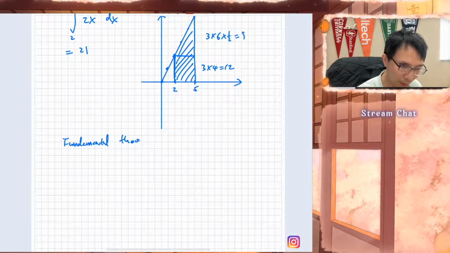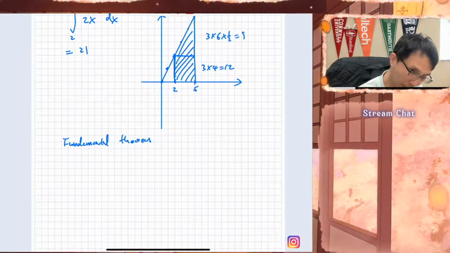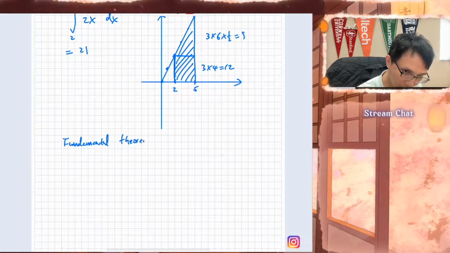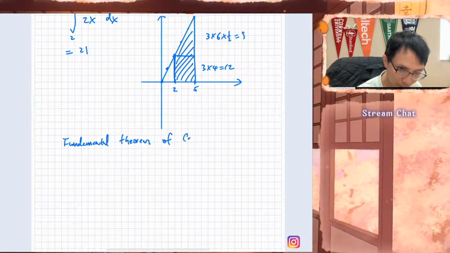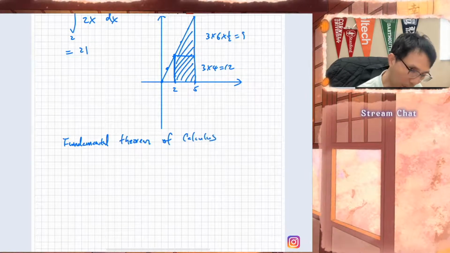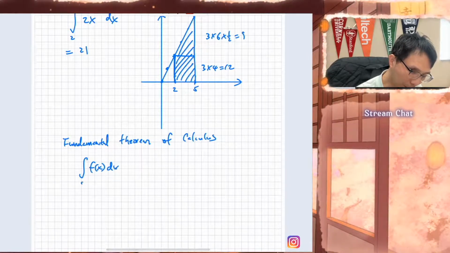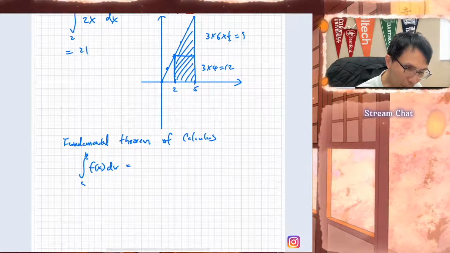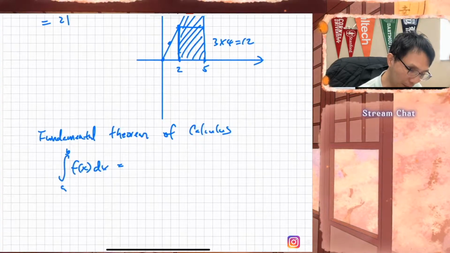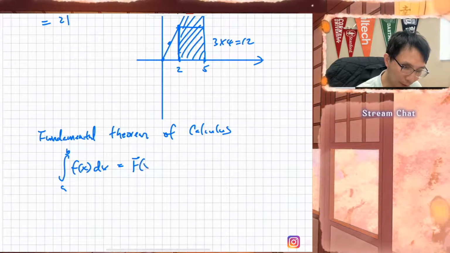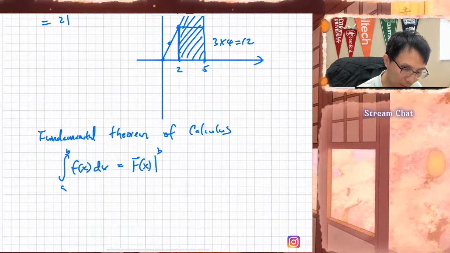theorem of calculus is. Well, what's the integration of f of x dx between a and b? Usually when I take the integral of something, I'm going to get big F of x between b and a.